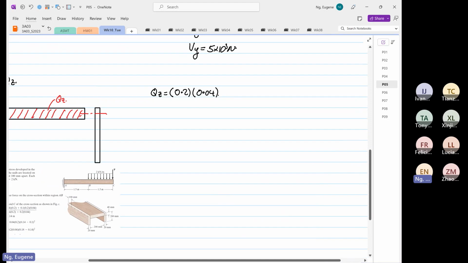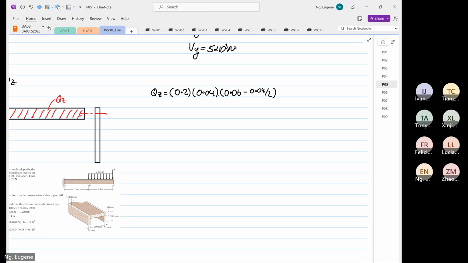So it's equal to 0.06 minus 0.04 divided by 2. Okay. So this will be equal to 0.06 minus 0.04 divided by 2 times 0.04 times 0.2 is equal to 320 times 10 to the power minus 6 meter cube. Let me do it again. 0.06 minus 0.04 divided by 2 times 0.04 times 0.2, 320.